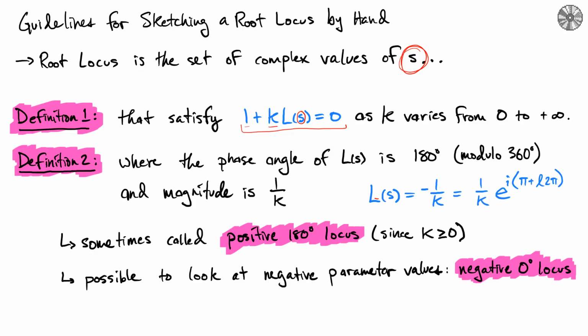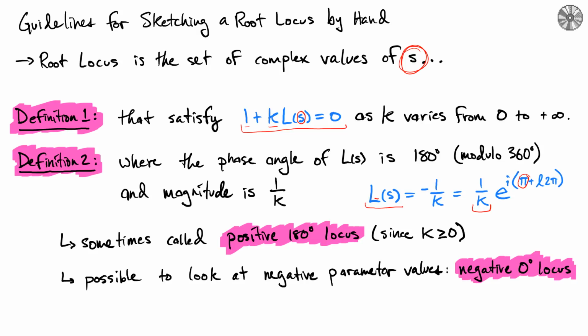Another way to interpret that is if we use one of the different ways of writing the characteristic equation, in particular if we let L of S be minus 1 over K, another way to interpret this is the fact that the magnitude of L of S needs to be 1 over K, and the angle, the phase, needs to be pi or some 2 pi multiple of pi.